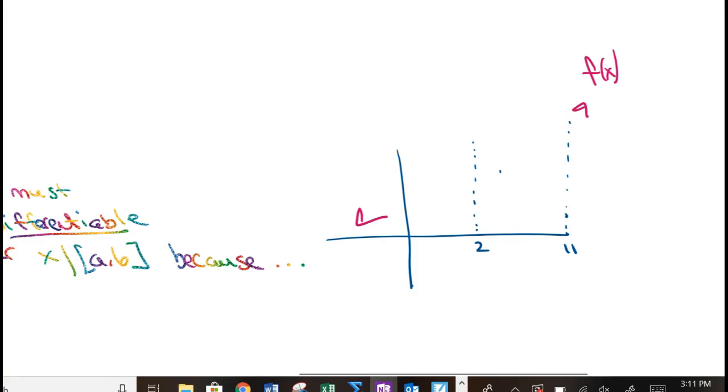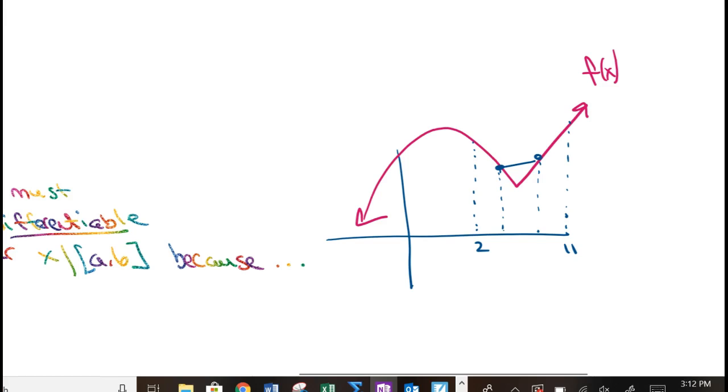Let's see. Okay, so if I was looking at this subinterval here, for example, that right triangle relationship, if I was looking at this subinterval and I made a line segment, that right triangle relationship fails me.